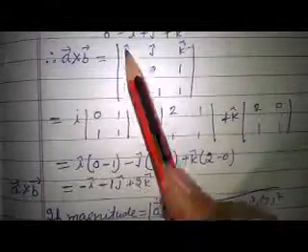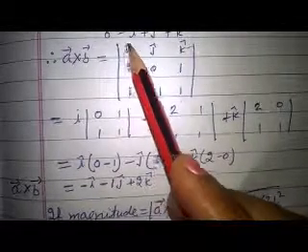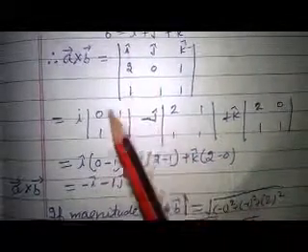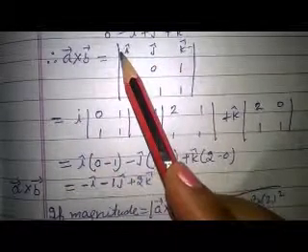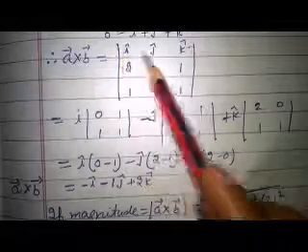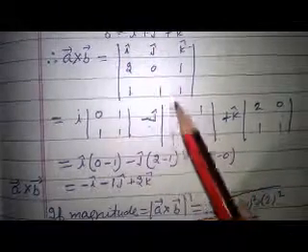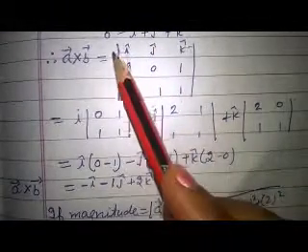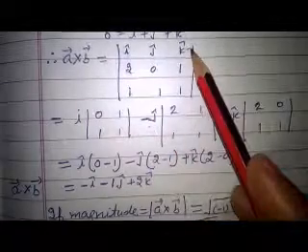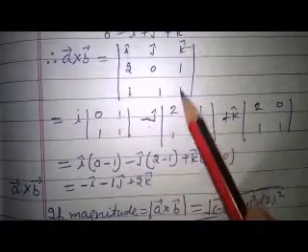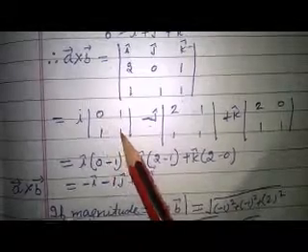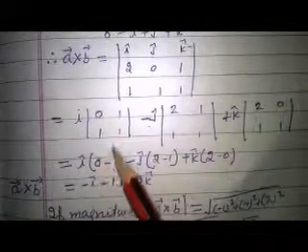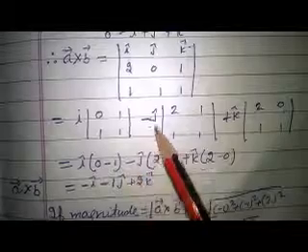Now by solving the determinant, we leave the first row and first column, we get this submatrix; second, we leave the first row and second column, we get this; and last, we leave the first row and third column, we get this. On solving this, 0 into 1 is equal to 0, 1 into 1 is 1, so minus i... minus j.